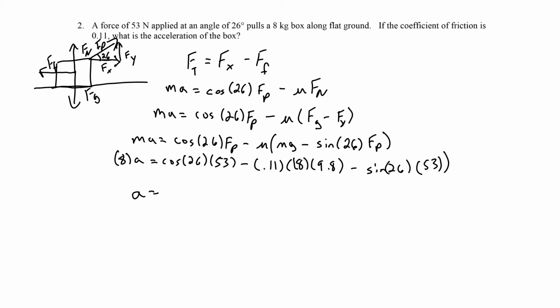That's a parentheses, so there's a parentheses there and there. 8's the mass. So A equals 5.2 meters per second squared.